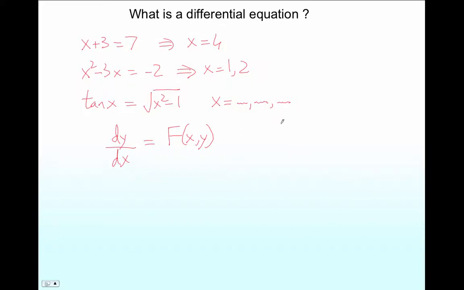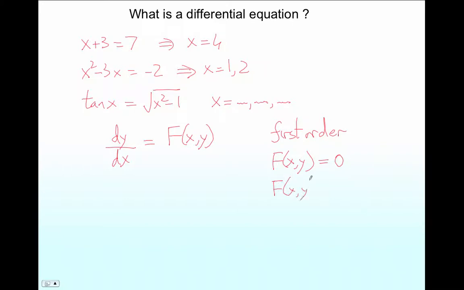That's why it's called first order. The function f of x, y could be of many, many different forms. If you're lucky, f of x, y equals 0, then you know how to solve this. Any constant value of y will satisfy this. But in general, it could be anything.